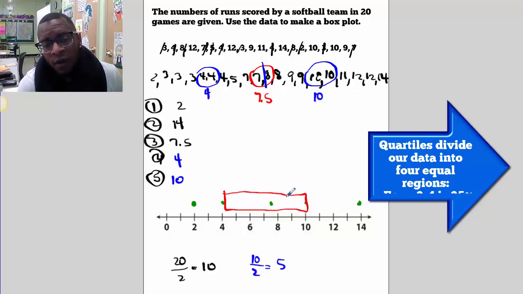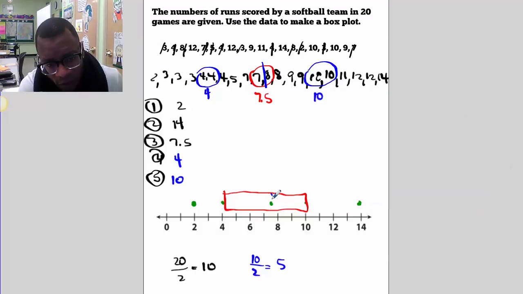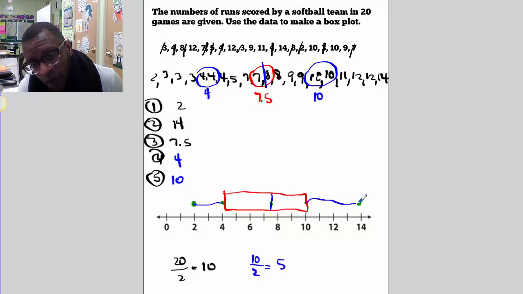Okay, and so finally, what you're going to do is draw a line that connects your median value, and then you're going to draw a line from the dot that represents your quartile 1 to your minimum value, and a horizontal line from the dot that is your quartile 3 to your maximum value.